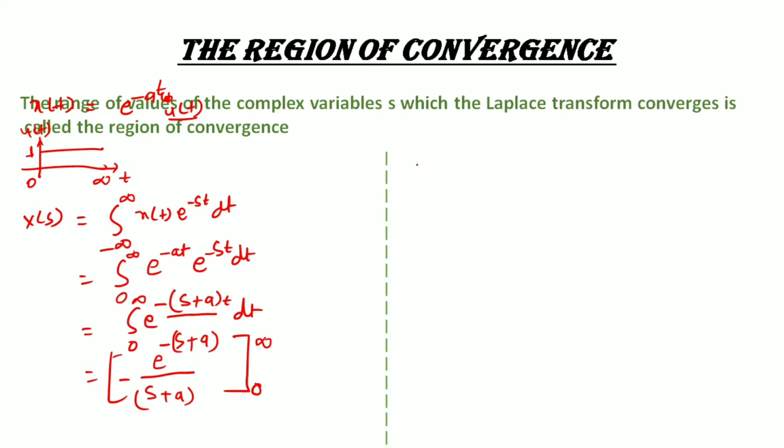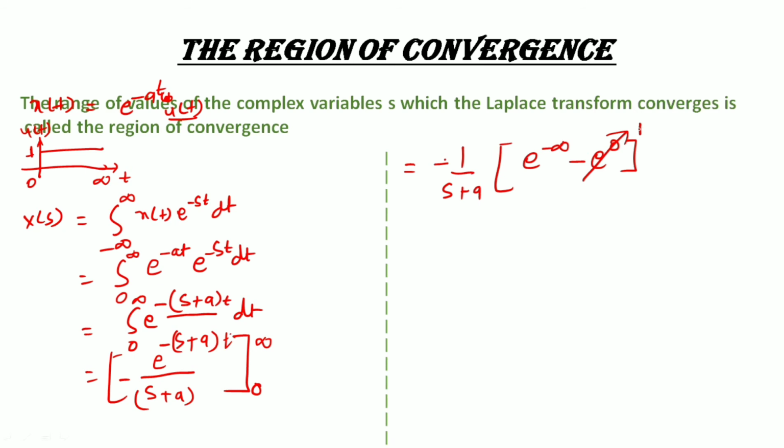After putting the value, when we put t equals infinity, it will be e to the power minus infinity, and minus 1 by (s plus a) will be outside as a common factor, and we will have e to the power minus infinity minus e to the power 0.